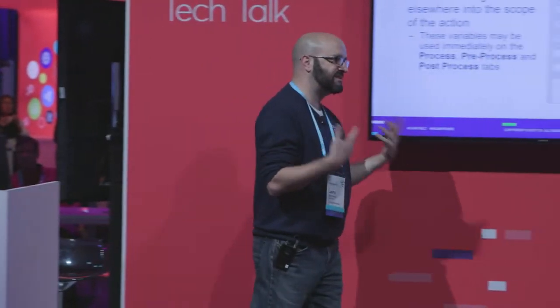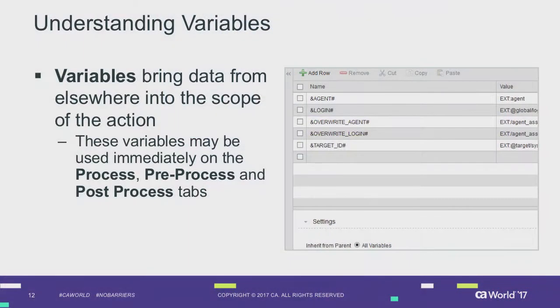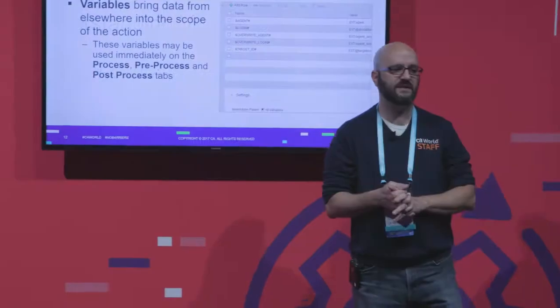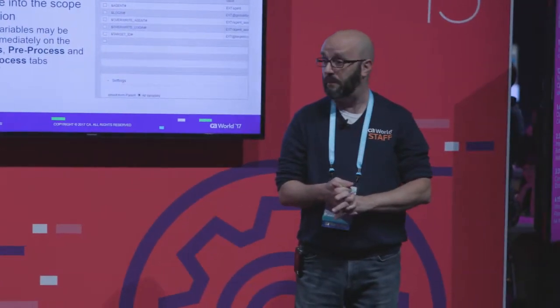Now, people will see that and say, well, I know there's a variables tab. What's the purpose of the variables tab? This is more of an ARA usage type of question, but for those of you who don't know, variables are really a way of bringing in data from elsewhere in the system in scope. Normally you're only able to access properties that are defined at the component level.